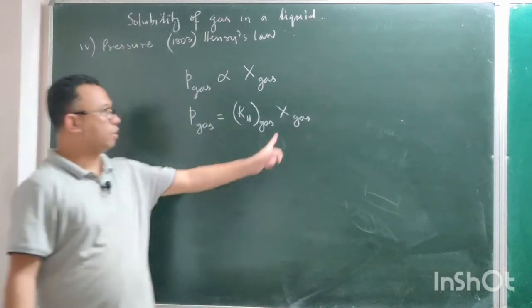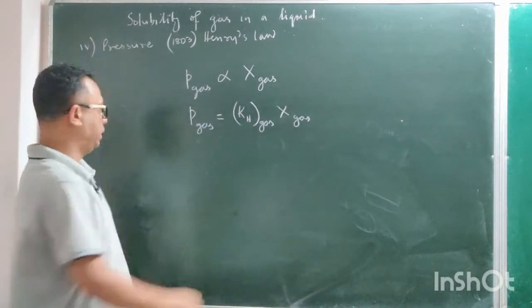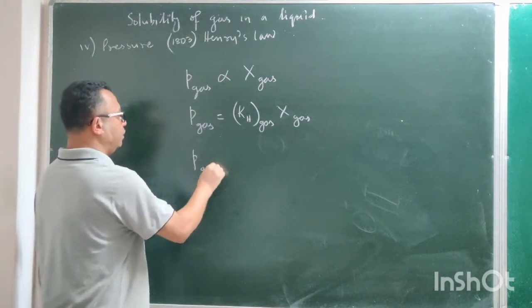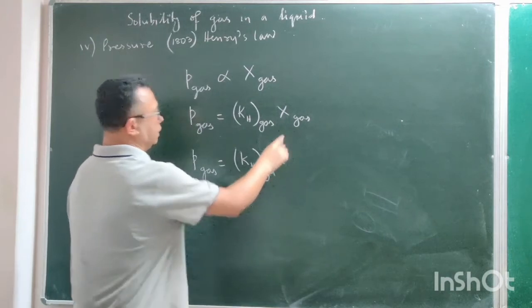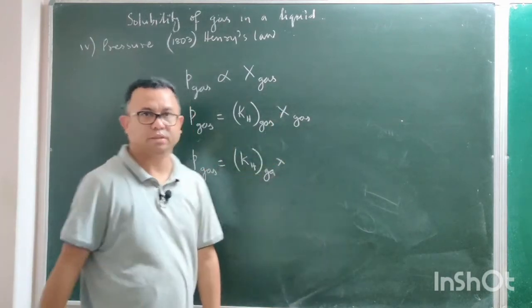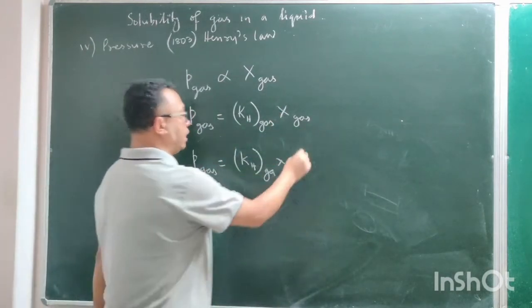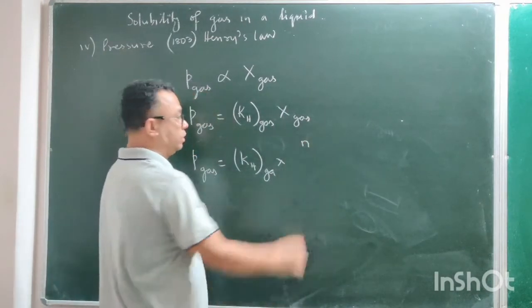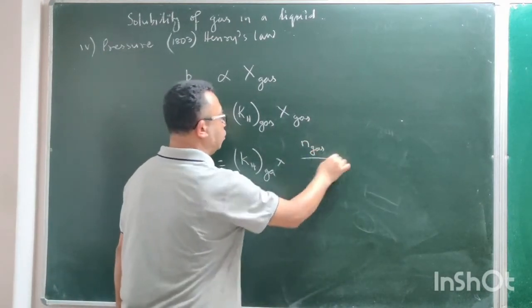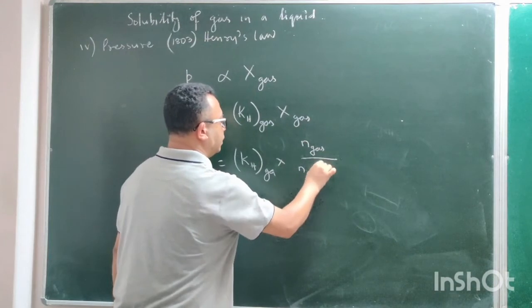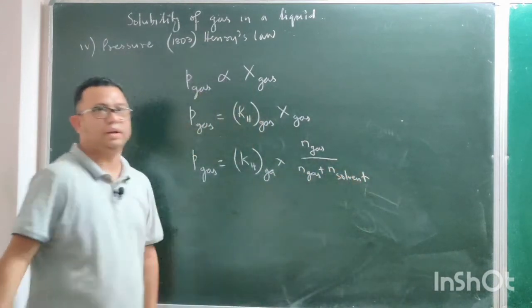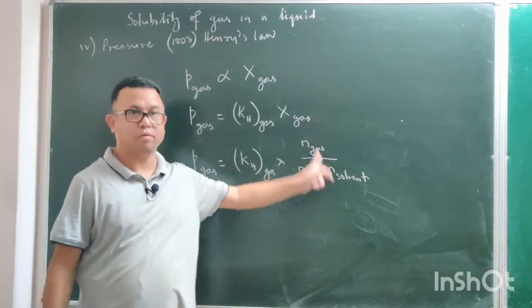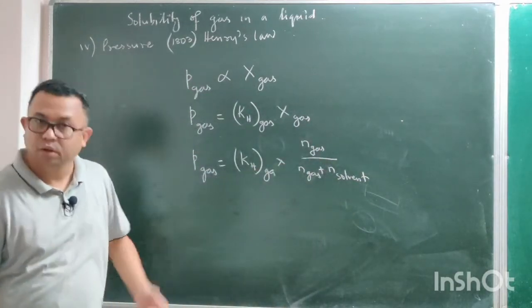In case you have forgotten how to calculate the mole fraction: the mole fraction of the gas is the number of moles of the gas over the number of moles of the gas plus the number of moles of solvent. Solvent means the liquid which you are taking.